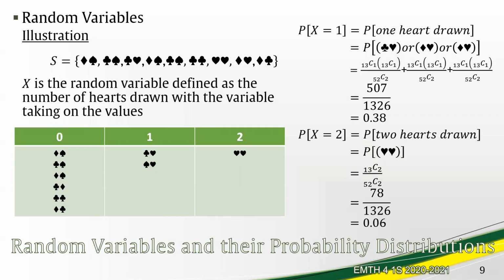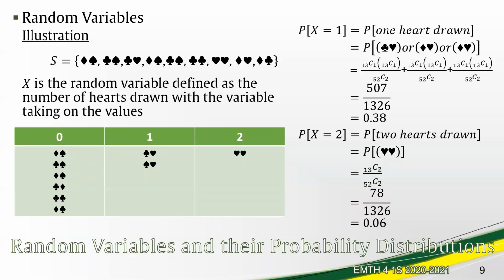That's how you result to 507. In reality, you can actually simplify P of x equals 1, and I'll leave that as a bonus for the class in the practice exercise.